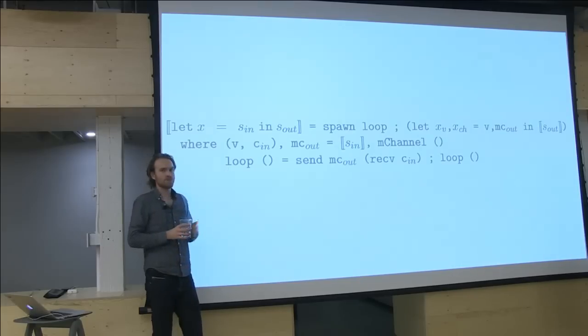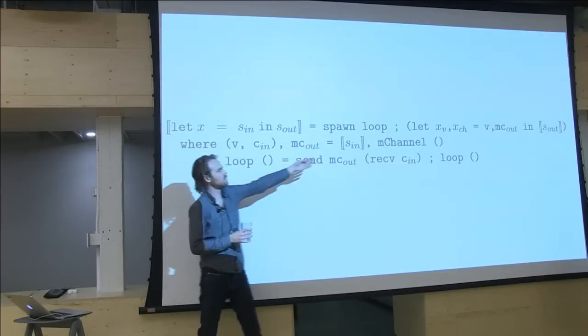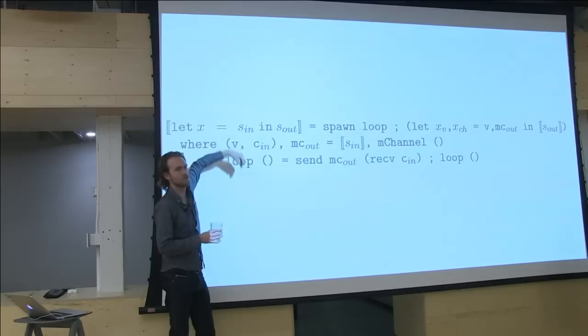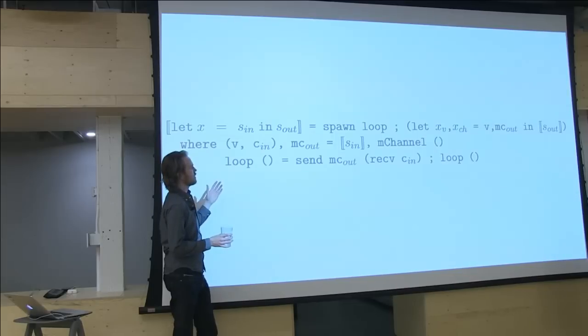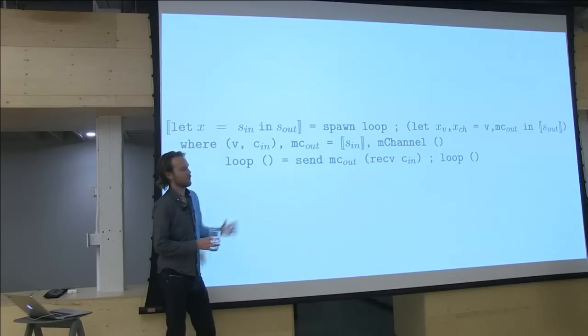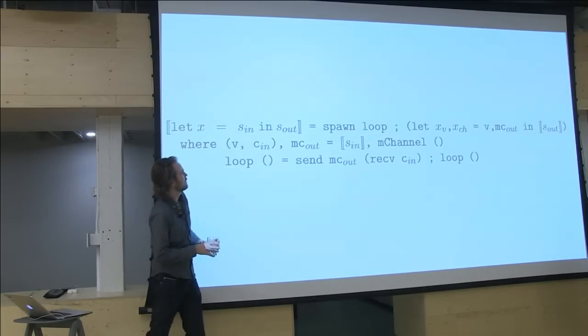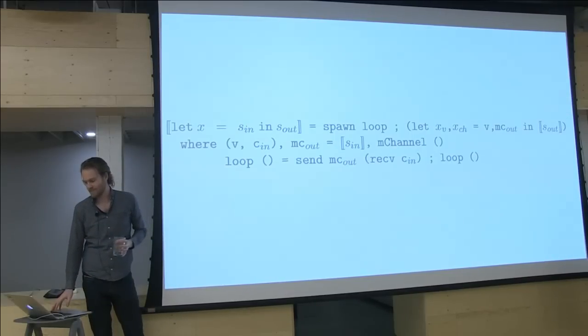So the let expression lets that signal be used by multiple other signals by making a new multi-channel and feeding in the signal's output channel into that multi-channel, and then it feeds them into, yeah, I'm going to gloss over that a little bit.